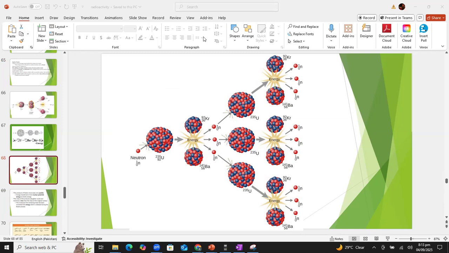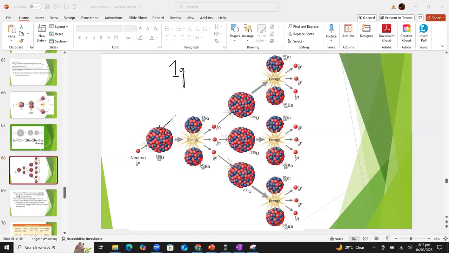The reason is, suppose I have 1 gram of uranium sample. There are billions of atoms in 1 gram of uranium sample. We make contact of one neutron with one uranium nucleus.